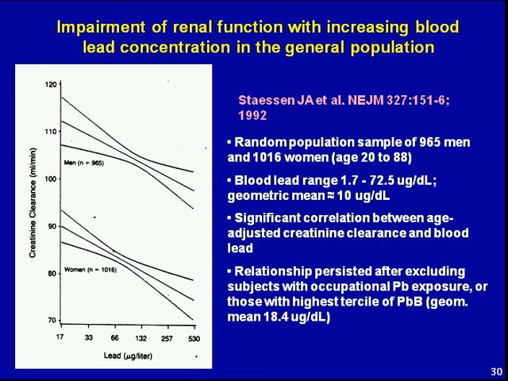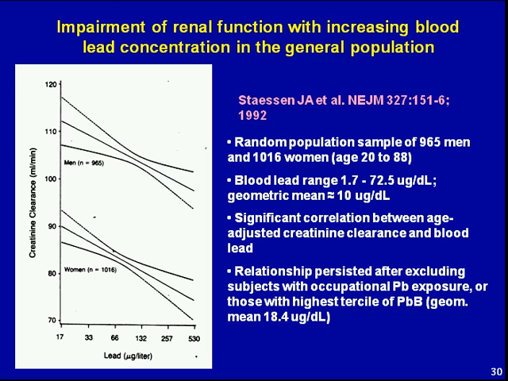As I mentioned earlier, there have also been studies associating levels of lead in blood that are encountered by people in the general population, but also particularly in the workplace, with decrements in renal function.